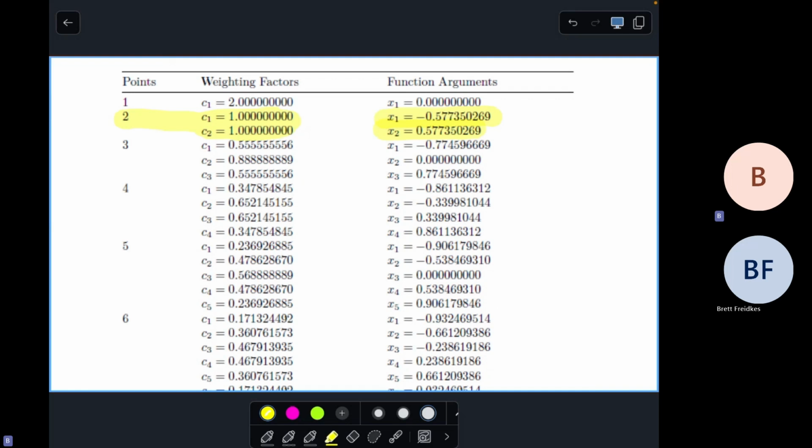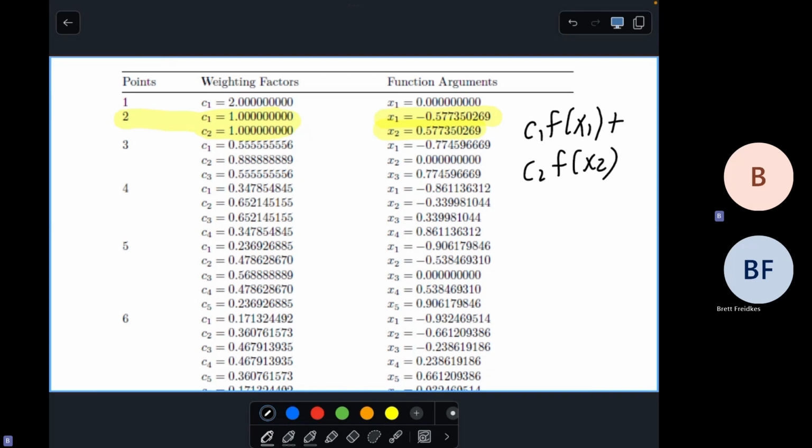What this shows is that if you have two rectangles, this specific rule is something like C1 f of x1 plus C2 f of x2. Those are our two rectangles. Remember, the C's are the widths of the rectangles, and the x1 is the x value where you evaluate the height of your rectangle. We can look at this table and pick out what these coefficients are. But there's a caveat. What is the thing we have to do before we can use this table?